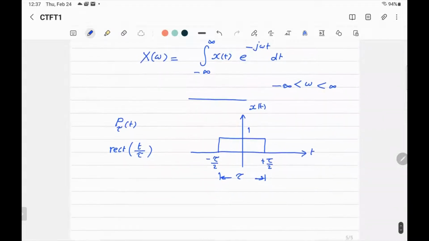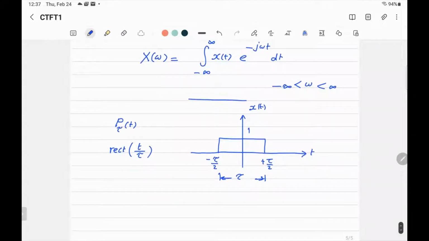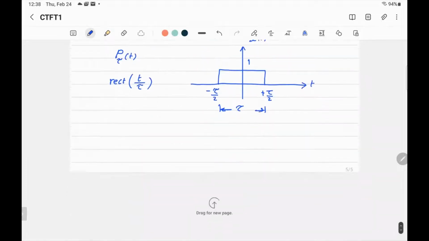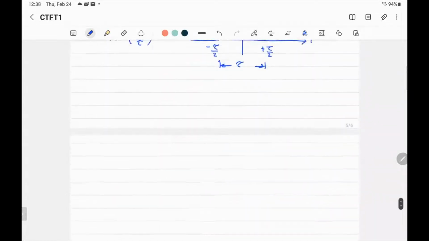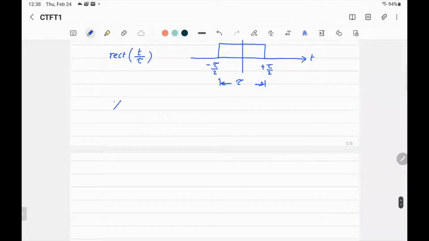Anyway, we found the Fourier transform of this signal, and of course we used numerical values, but I'm doing it now in general for X of omega.